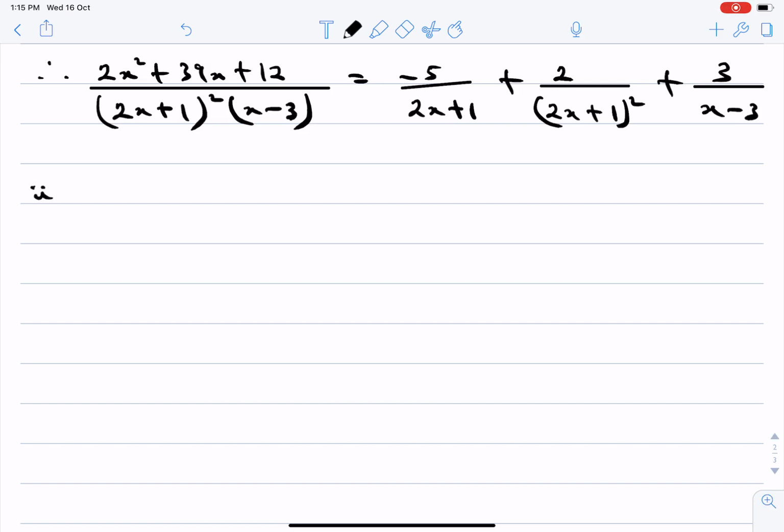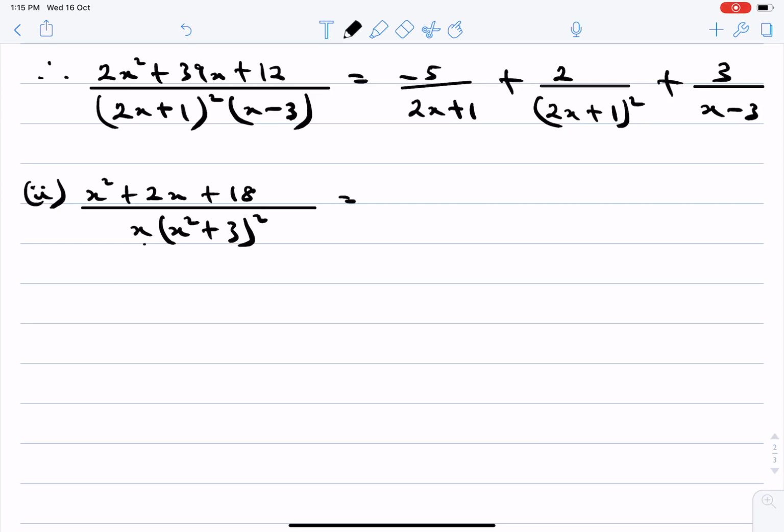Now we go to Roman figure 2. Roman figure 2 is x squared plus 2x plus 18 divided by x times x squared plus 3 squared, and that's equal to: x is a linear factor, so it just has a constant as the numerator of its partial fraction, plus x squared plus 3 is a non-factorizable quadratic factor, and it has a power that's greater than 1, which means it is repeated, so it's going to have 2 partial fractions.